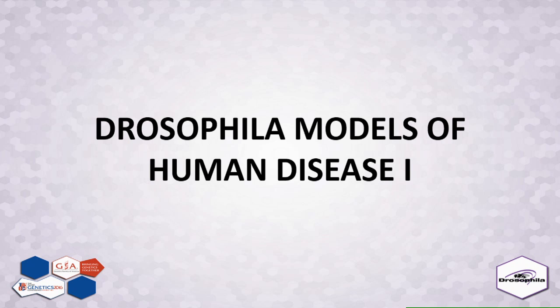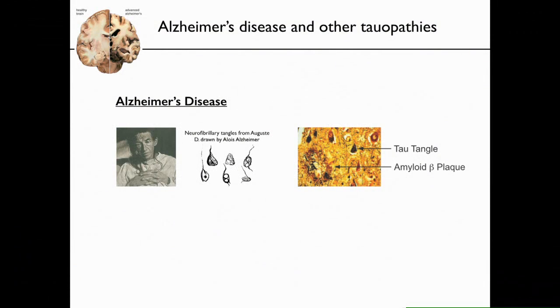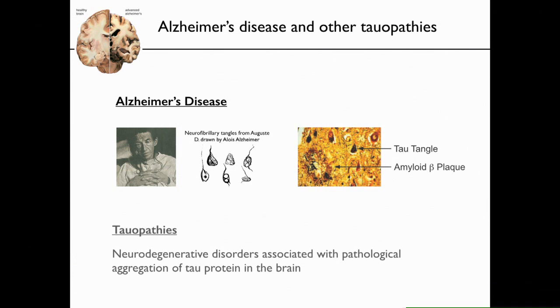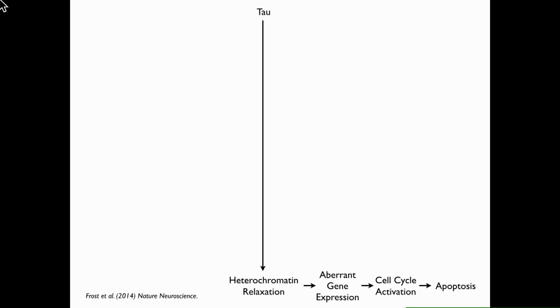So the work I'm going to tell you about today is an extension of some previous work where I used a tau transgenic fly model, a tau transgenic mouse model, and human Alzheimer's disease brains to show that pathological tau causes a widespread relaxation of constitutive heterochromatin.